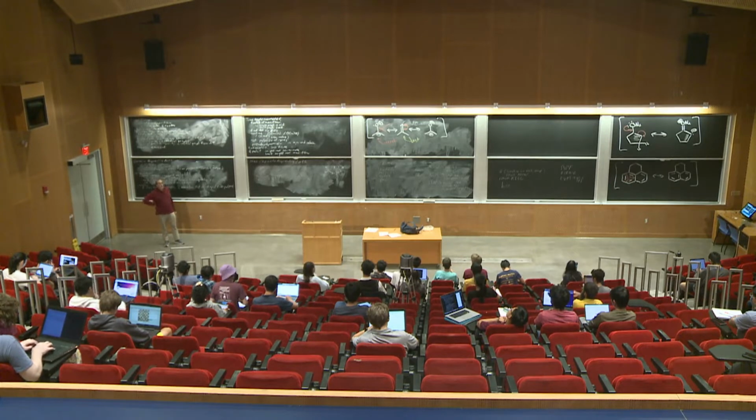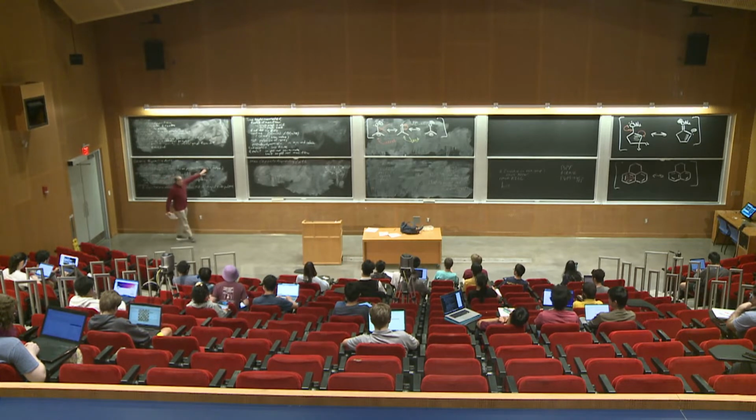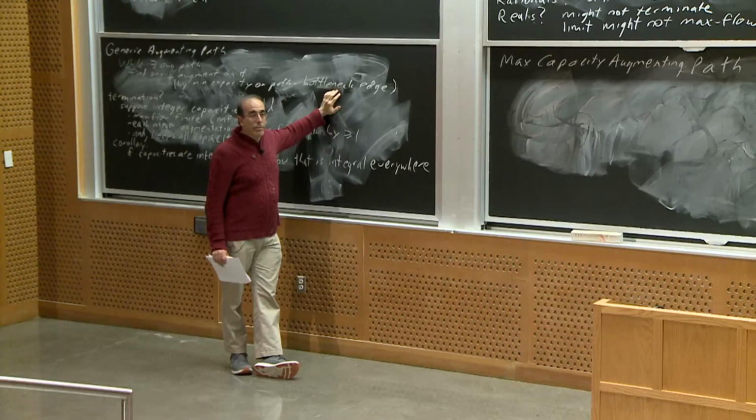Yeah? You can binary search on the value of the edge you want to see if there is a path. Great. So this goes back to the idea that capacity of a path is determined by its bottleneck edge, right? So some edge is the bottleneck edge for the maximum capacity augmenting path.